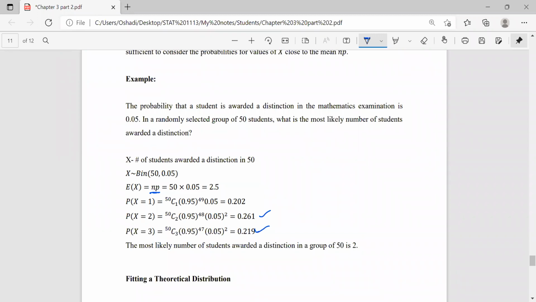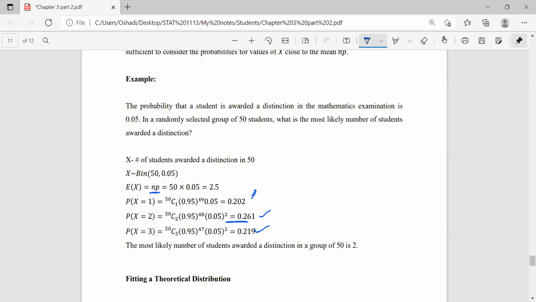So you can see that this is a low value and this is a high one. This is again a low value. So this should be the most likely number of students awarded the distinction, the mode. So the most likely number of students awarded distinction in a group of 50 is 2.